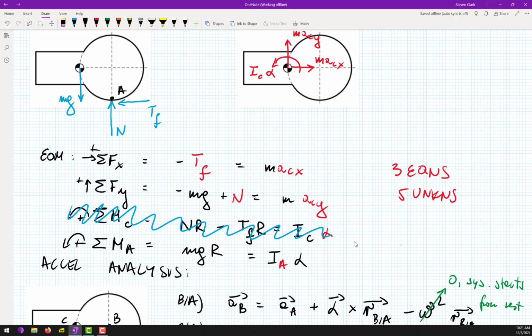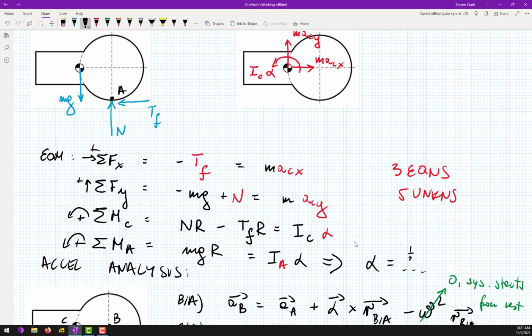Okay, was that clear? So sometimes this is faster. Do you know why it is faster? Look, in here, we will find alpha immediately. You will know exactly what alpha is.